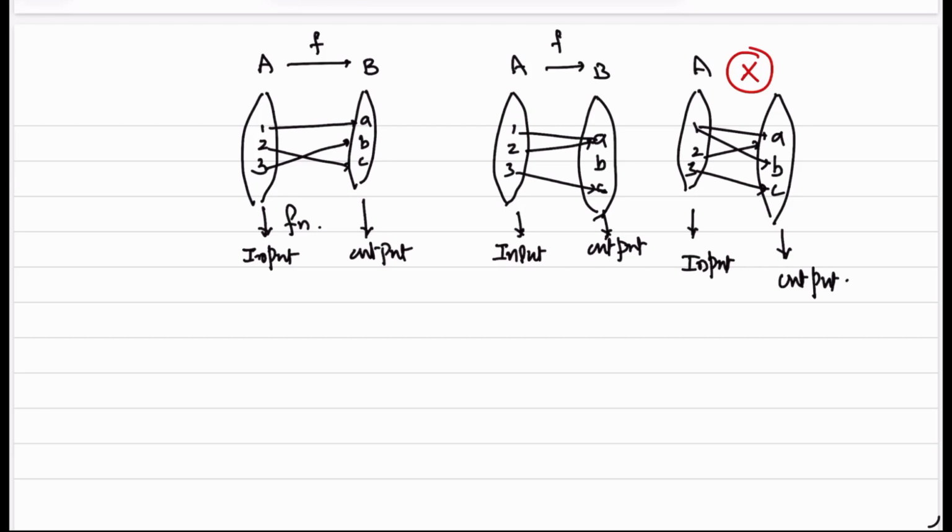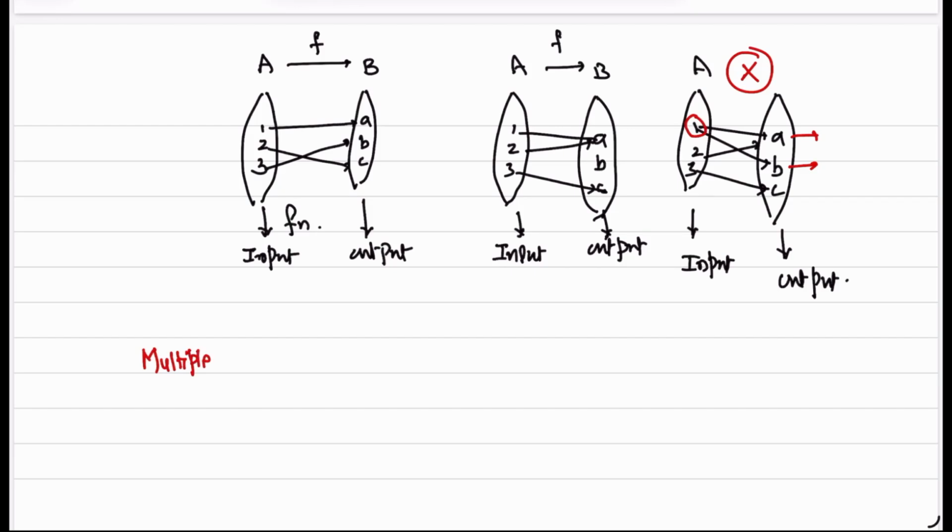The reason being, the input 1 has two outputs, A and B. A single input in A cannot have two outputs, but two inputs can have the same output. But one input cannot have two different outputs. In normal language, instead of two, we will call it multiple.